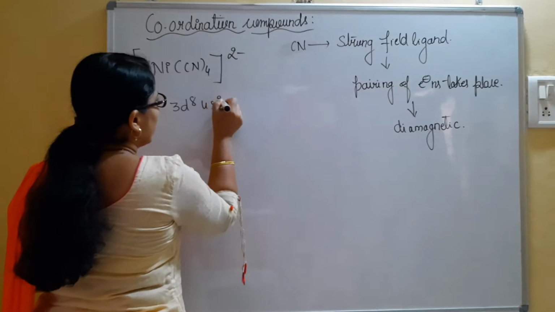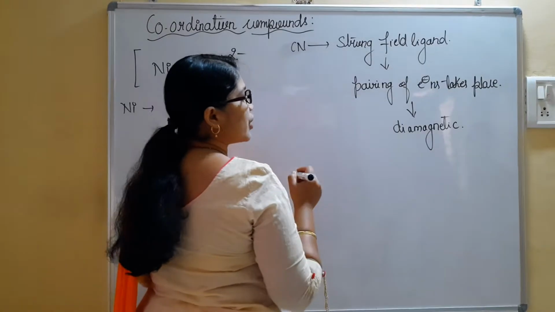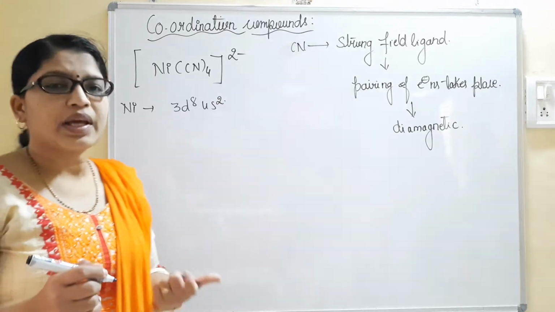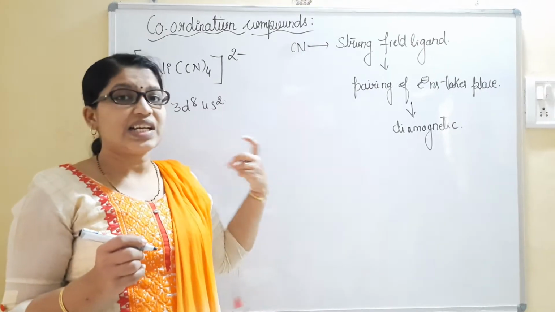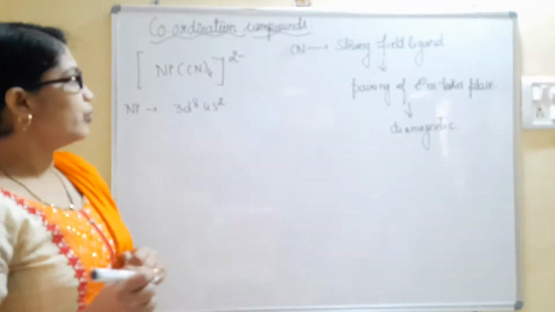Now as I have nickel present over here, nickel's electronic configuration is 3d8 4s2. We are supposed to remember the electronic configuration for almost the whole 3d series. Maximum of the transition metals taken for making coordination complexes are from the 3d series itself. So that is the main criterion we need to remember.